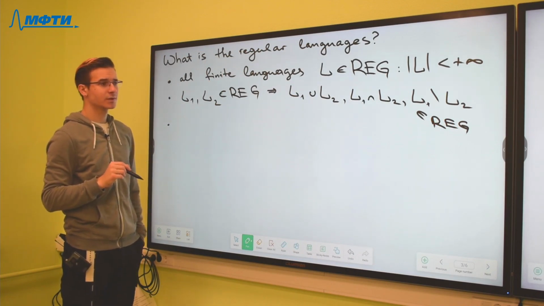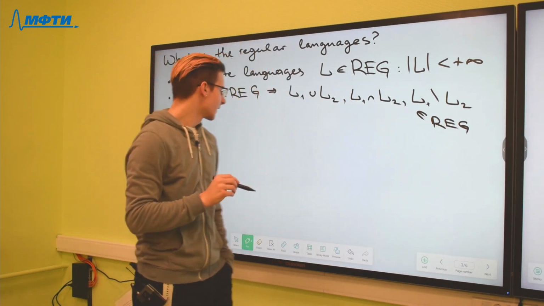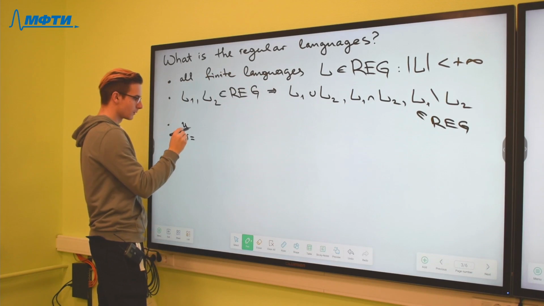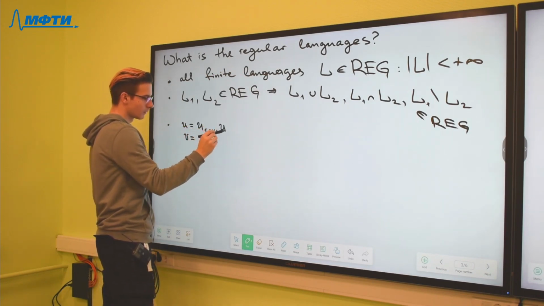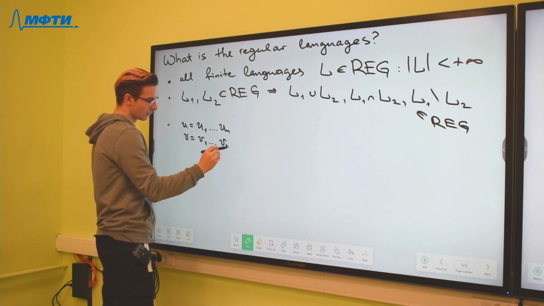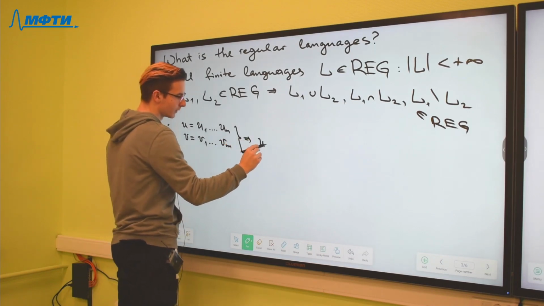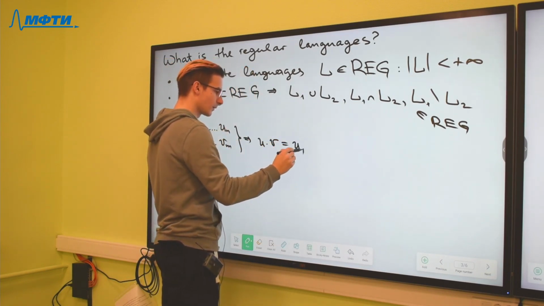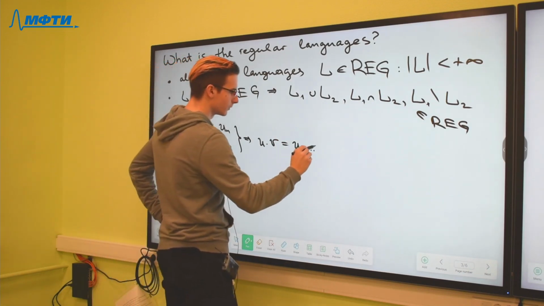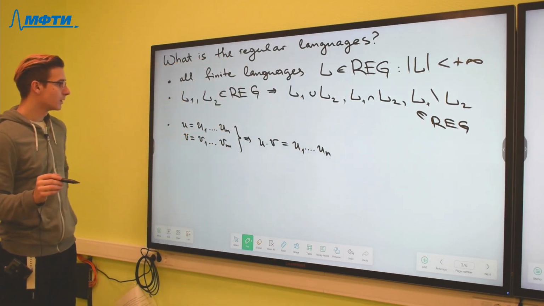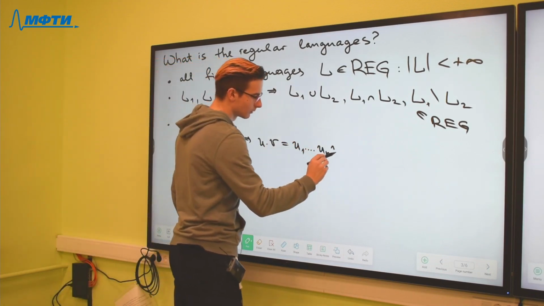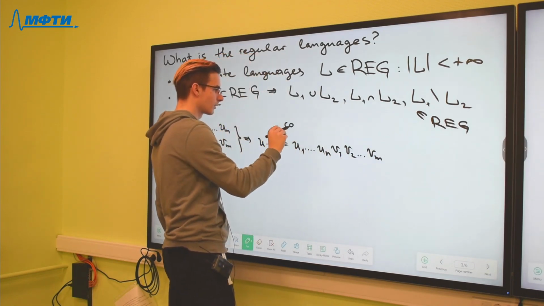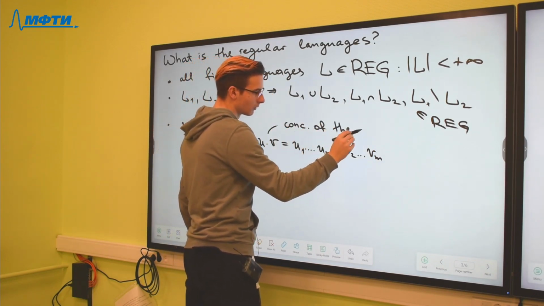And you know what the concatenation of the words is? It says that if we have two words, then the concatenation of these words is equal to the sequence that starts with the word u, and then it continues with the word w.